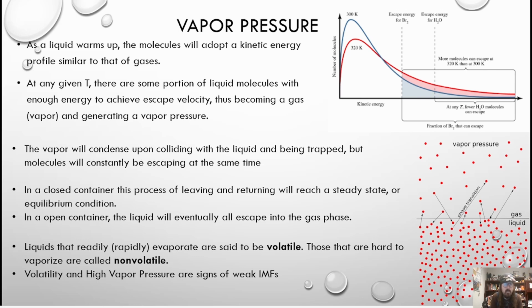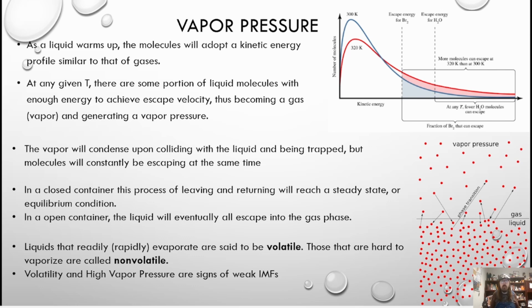But simply put, this works both ways. For every liquid molecule that can escape into the gas phase, gas molecules, if they collide with the liquid, will become trapped. We have a constant push-pull of molecules escaping and molecules being trapped at the same time.